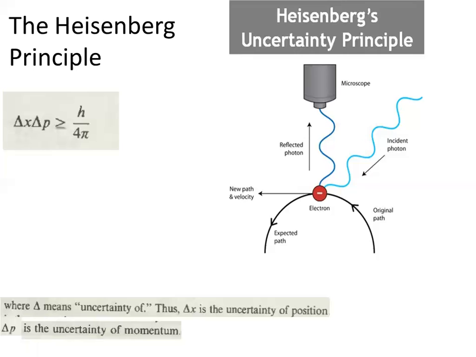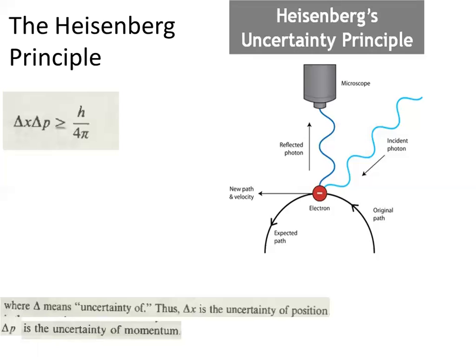Now, these are macroscopic objects. Now we are correlating this with the electron. Can you see the electron? No, we cannot see the electron. So that's why this principle is for microscopic objects like electrons, an electron moving in an orbit. So now we will further explore: can we locate the position?